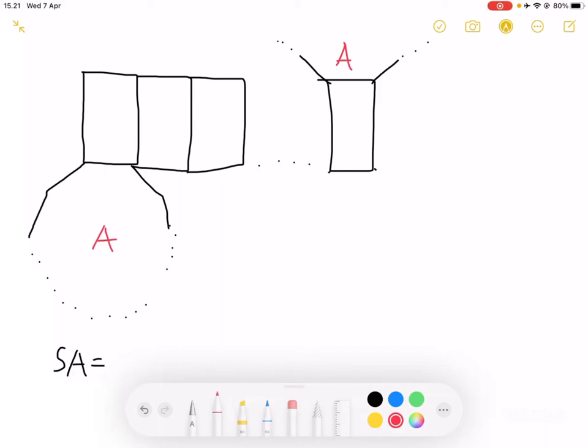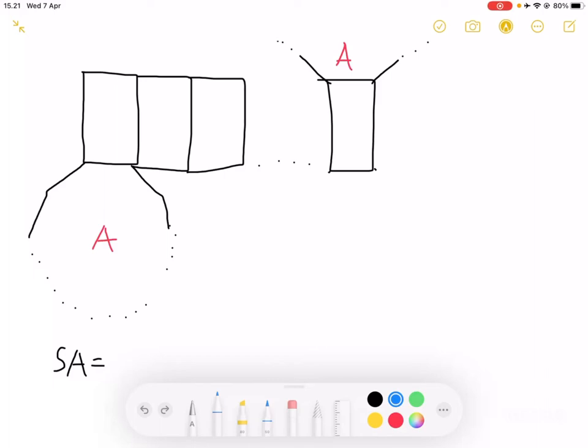And you can recognize the pattern of how many rectangles there are in a prism with a base of a polygon with n sides, and there are exactly n rectangles.